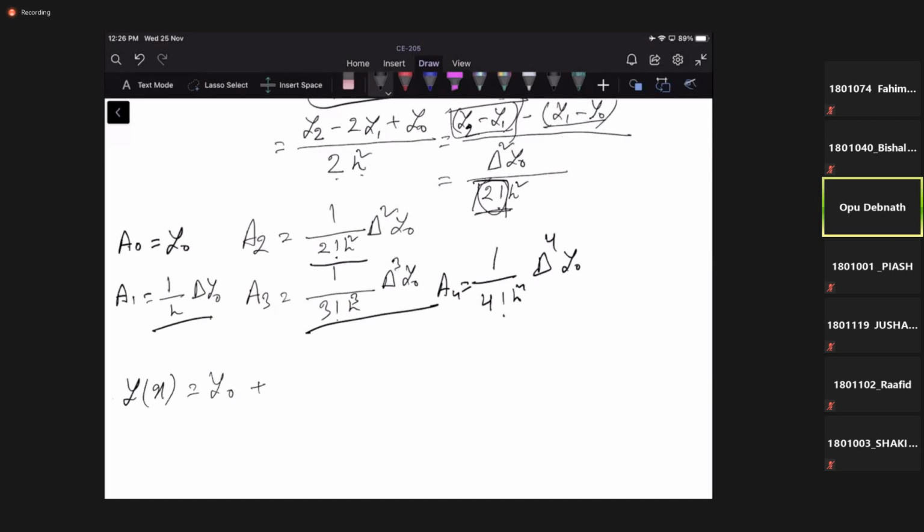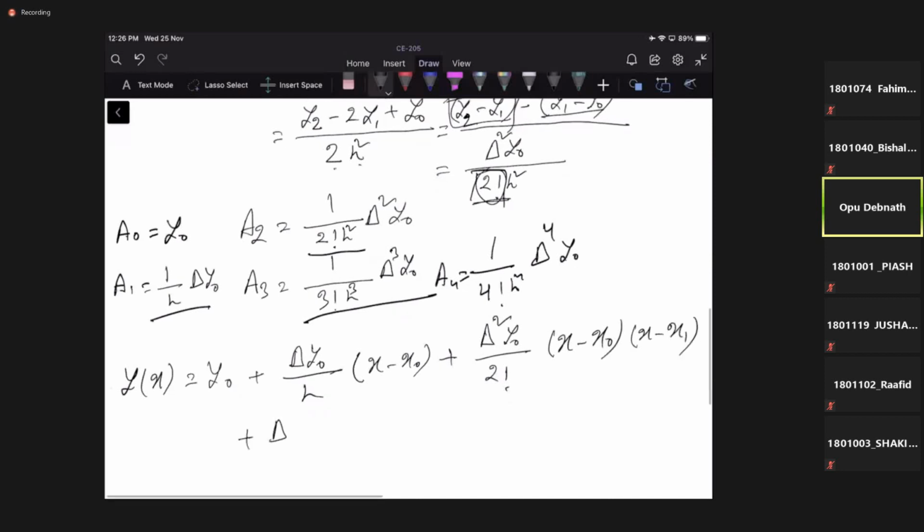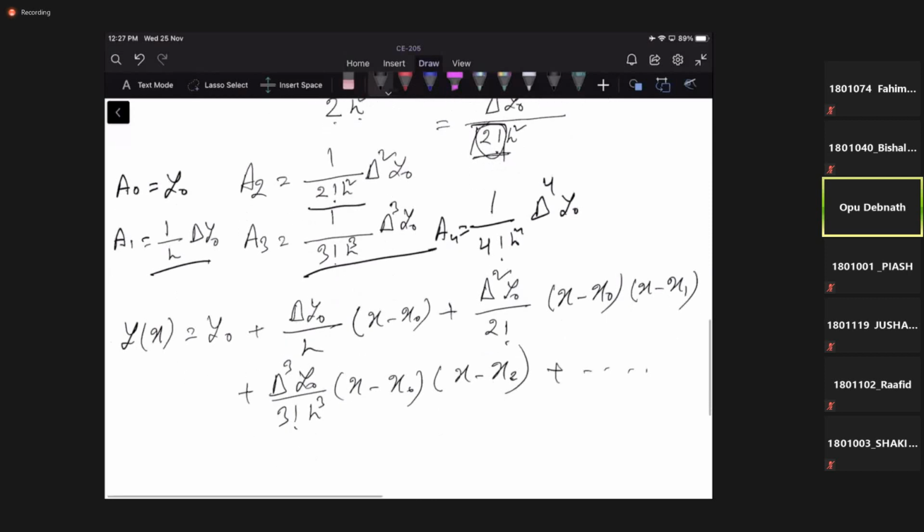So the first coefficient and the second one: del y0 by h into x minus x0, plus the second coefficient, del square y0 divided by 2 factorial h square into x minus x0, x minus x1, plus del cube y0 by 3 factorial h cube into x minus x0, x minus x1, x minus x2, plus and so on.